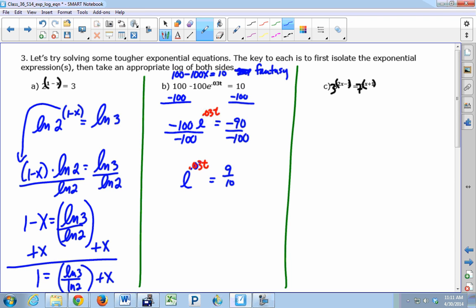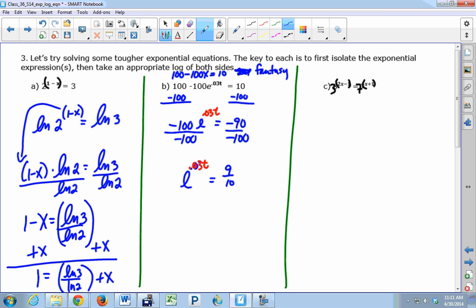Now I'm golden, because now I have an exponential equation with my exponent e to the 0.03t. My exponential expression on the left side is isolated. By that, it means it just has a 1 in front of it. And I have a constant on my right side. So how do I undo an exponential expression that has base e?